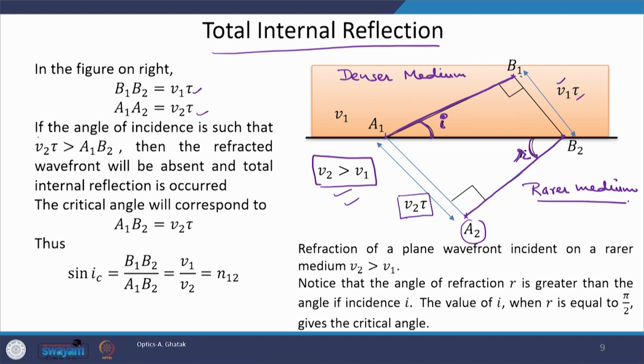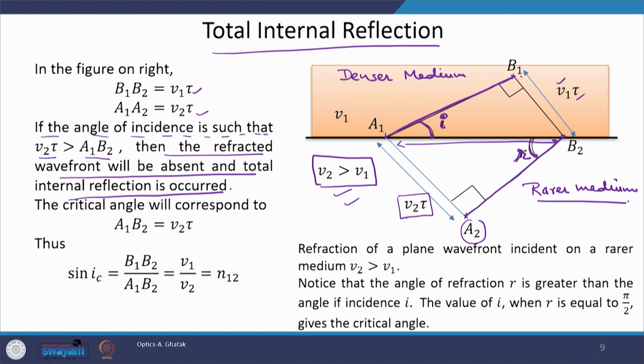Now, let us go to the text. If the angle of incidence is such that V2 tau is larger than A1 B2, A1 B2 being this distance, then the refracted wavefront will be absent and total internal reflection will occur. Let us repeat.